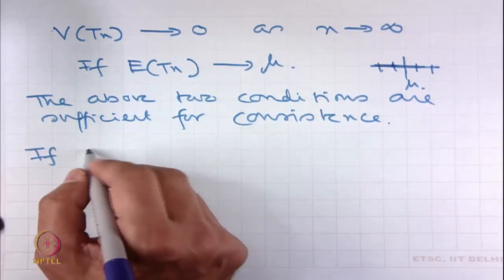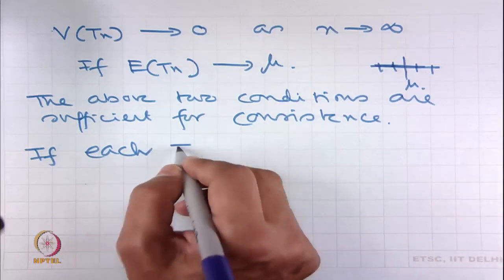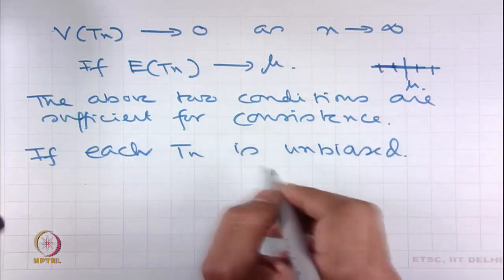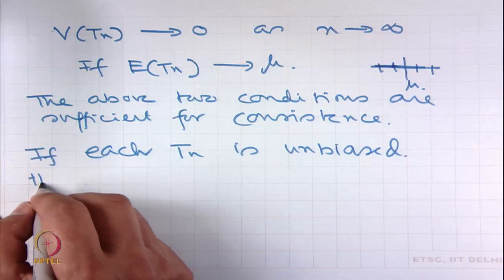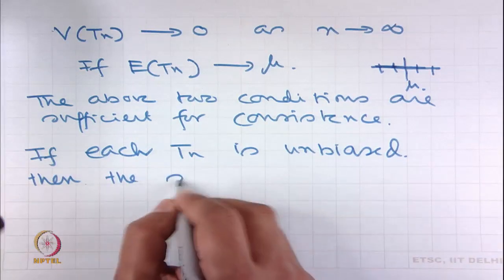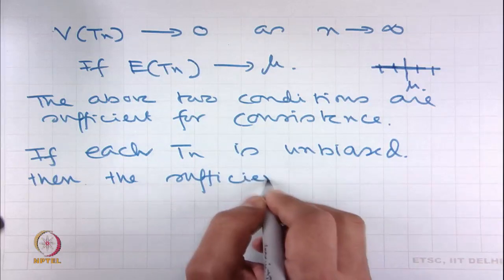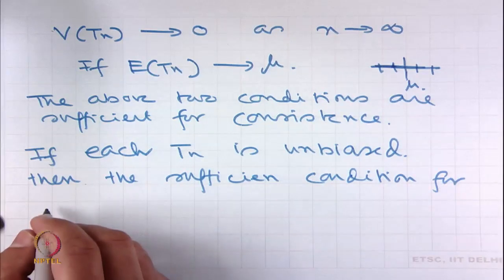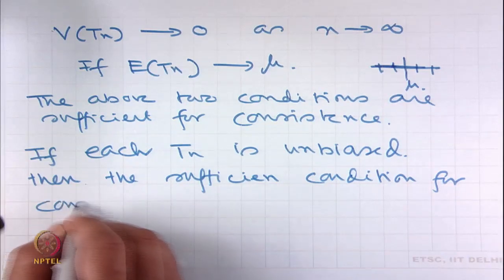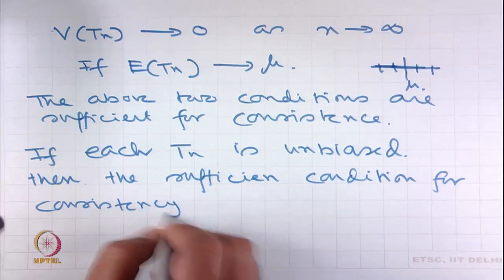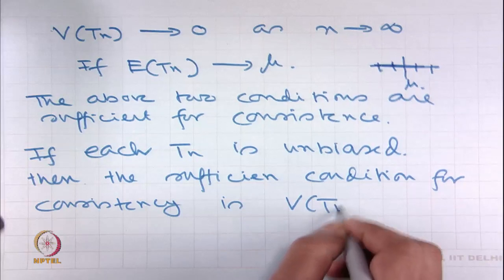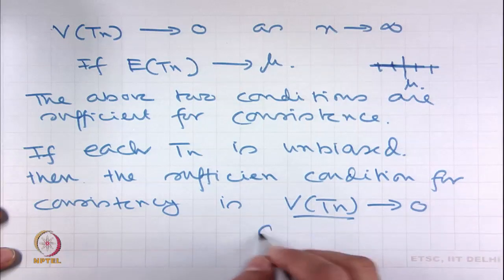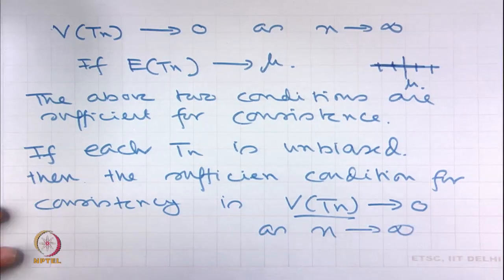If each T n is unbiased, then we are even better off. So, we need to check if the variance of T n is going to 0 as n is going to infinity.